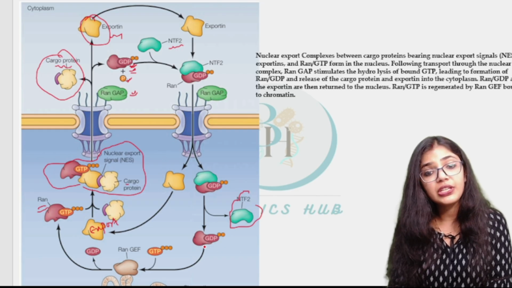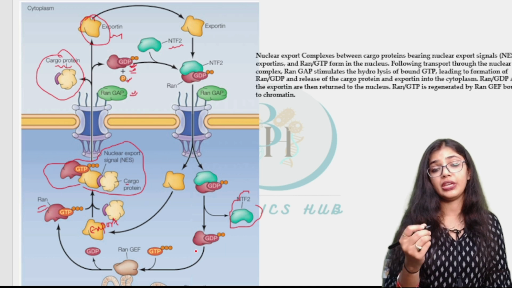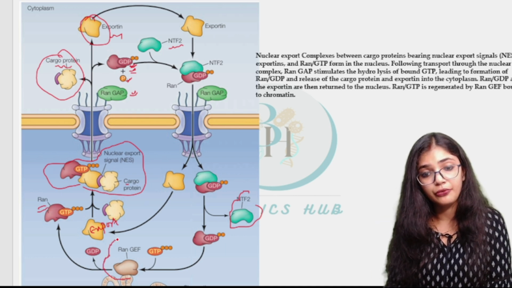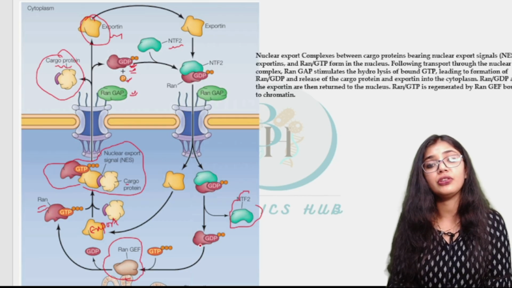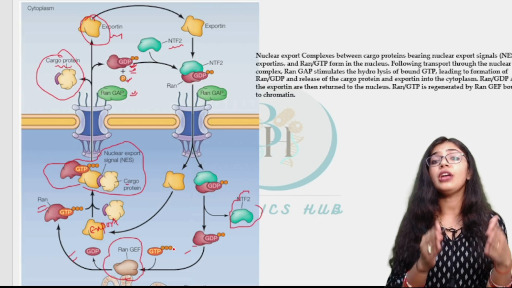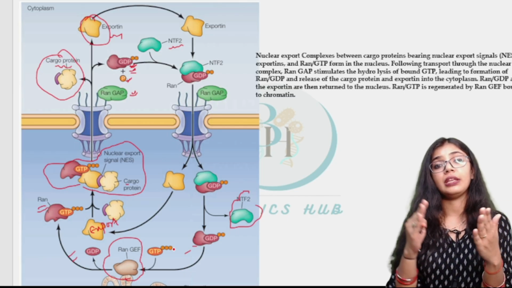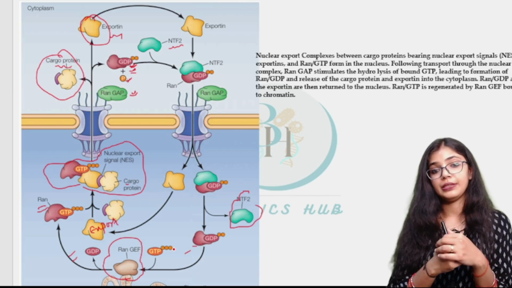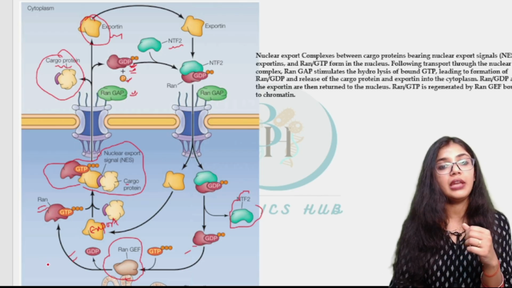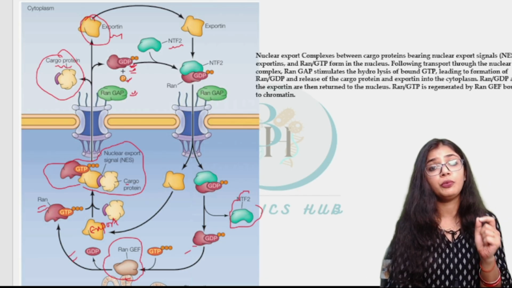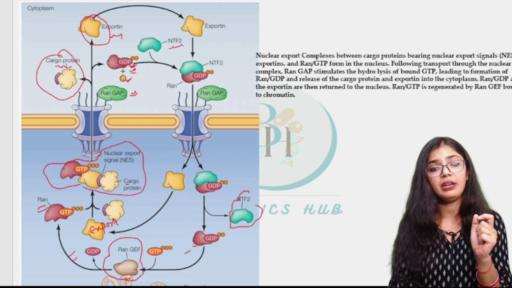This RAN GDP, as it was working in the form of GTP inside the nucleus, RAN GEF will help in the formation of RAN GTP from RAN GDP. This is how the export of the protein from the nucleus takes place.